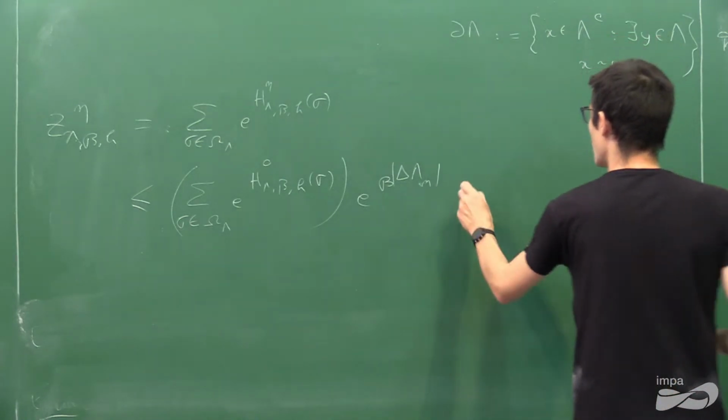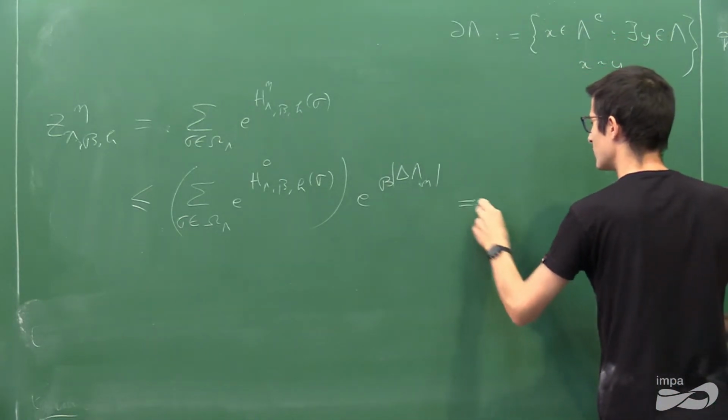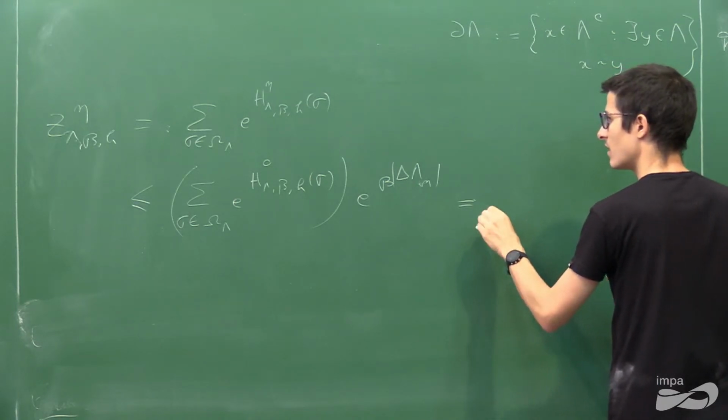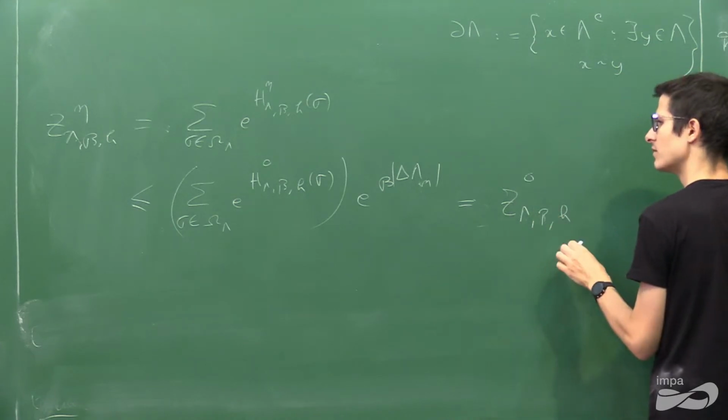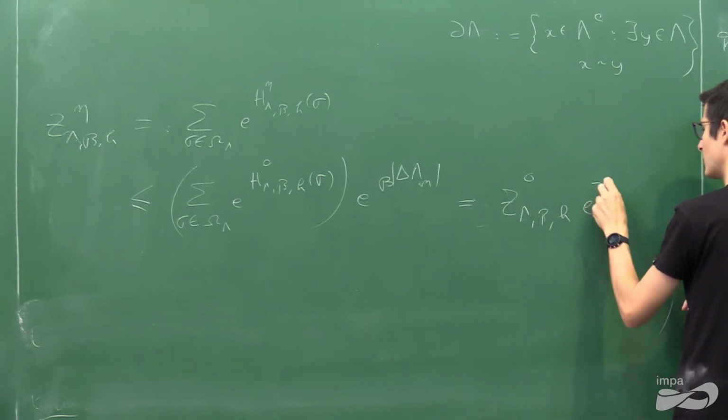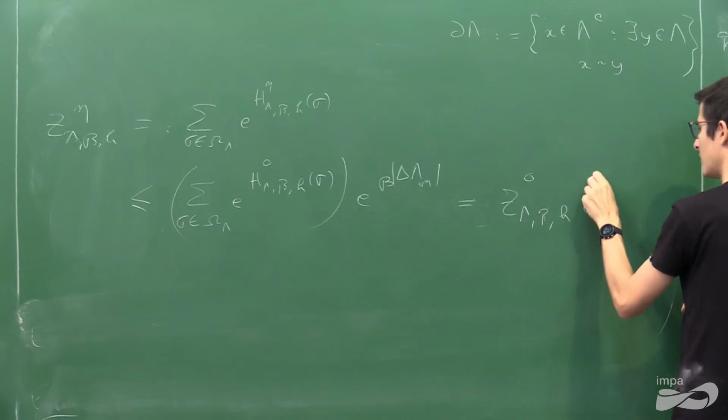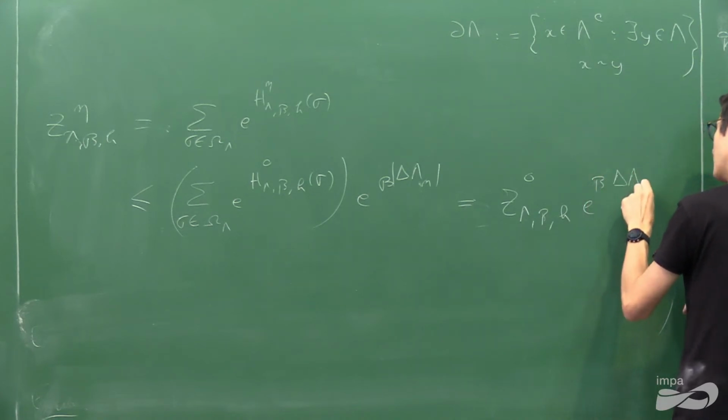So this is equal to Z lambda beta h0 times exponential beta delta lambda n.